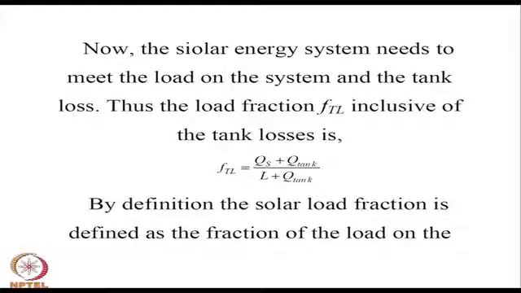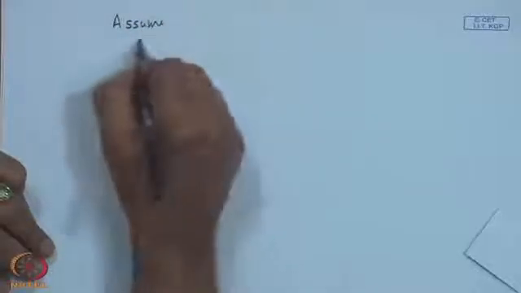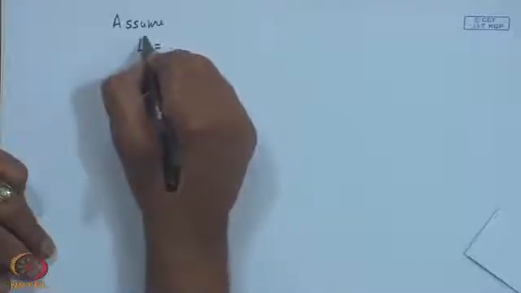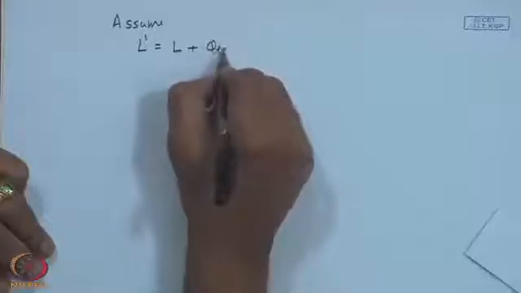So, what I shall do is assume the load now will be equal to L plus Q tank. The effect of the tank loss as far as the solar energy system is concerned, it looks like an additional load.